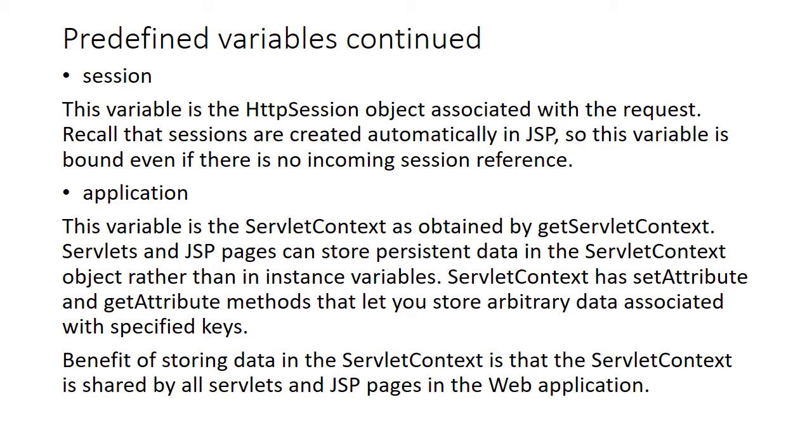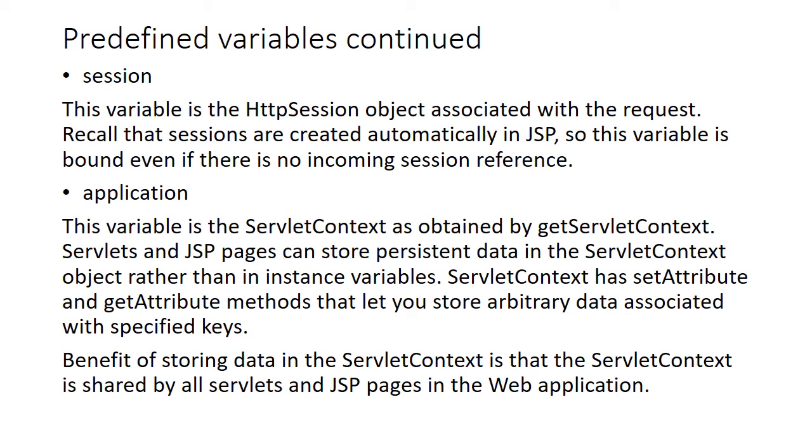Now first we are defining ServletContext. Application is a variable, in other words an object, of the ServletContext class. We can get this object using the getServletContext method. What is the use of this particular object?